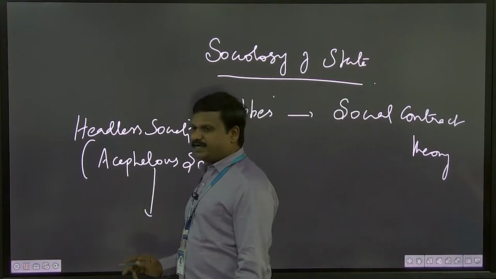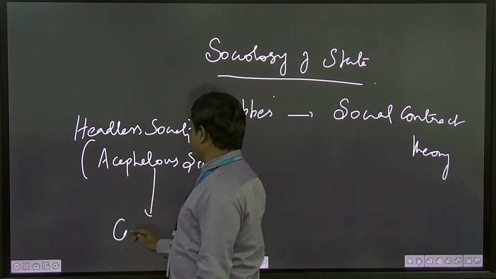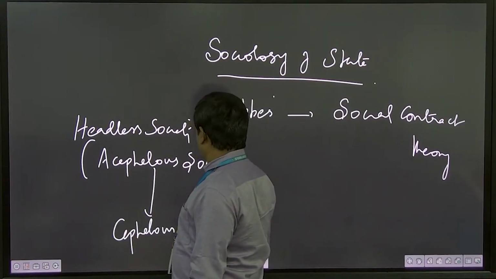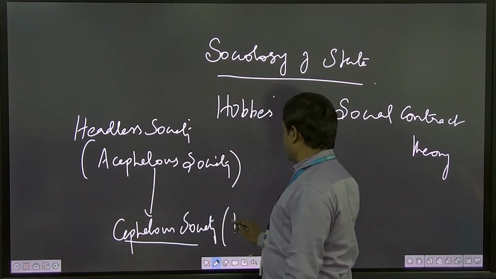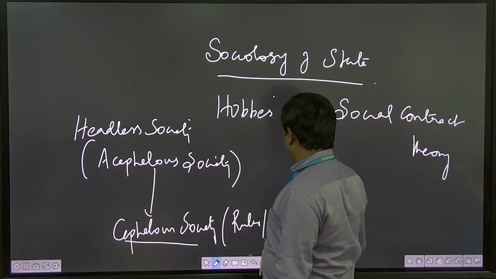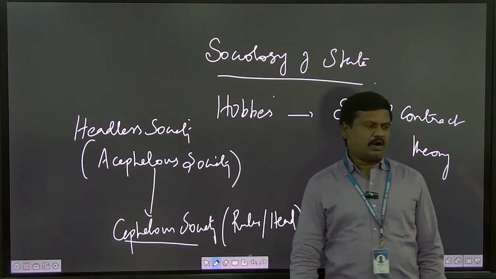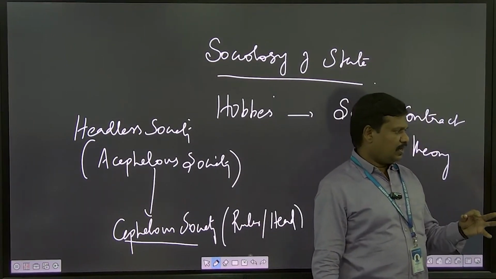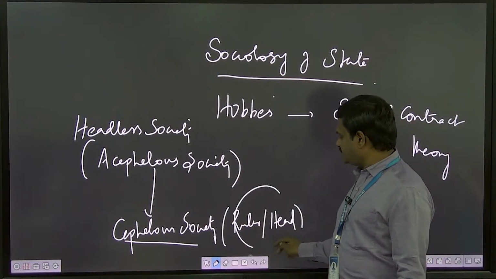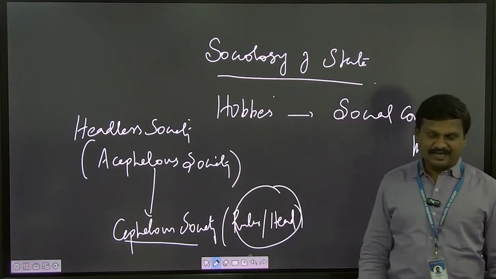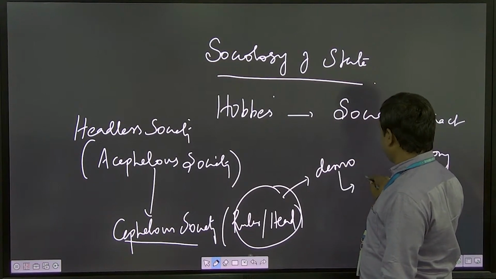But when there is no head, what happens? Confusion happens. Therefore, cephalous society came. This society is a society which is having a ruler or a head. All modern societies today are societies having ruler or head. How is the head elected in a democracy? The head is elected by the people.